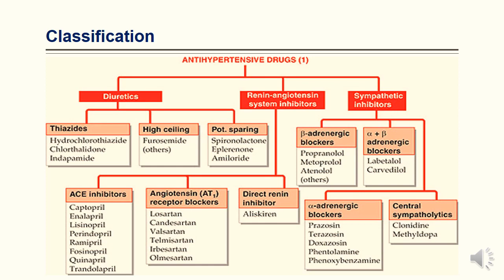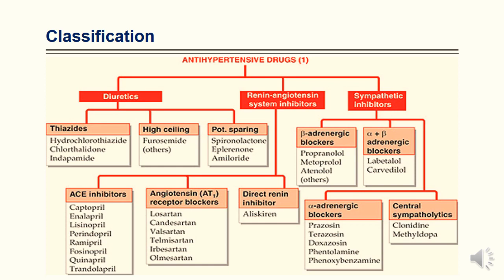Alpha plus beta adrenergic blockers are labetalol and carvedilol, and alpha adrenergic blockers are prazosin, terazosin, doxazosin, phentolamine, and phenoxybenzamine. The central sympatholytics are clonidine and methyldopa.